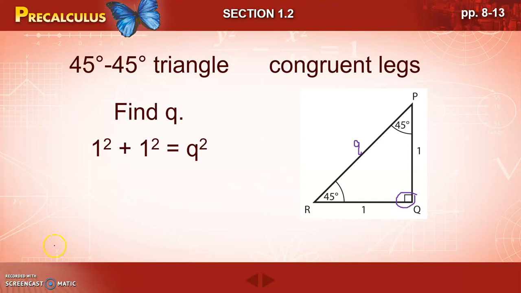According to the Pythagorean theorem, the 2 legs squared equals the hypotenuse squared. So 1 squared plus 1 squared equals Q squared. 1 squared plus 1 squared is 2. 2 equals Q squared. And in order to get Q by itself, we've got to take the square root of both sides. Just a little bit of algebra here. That gives us Q equals square root of 2.